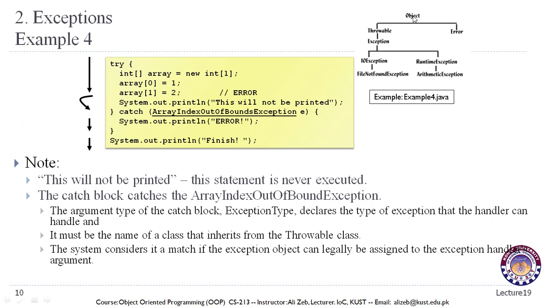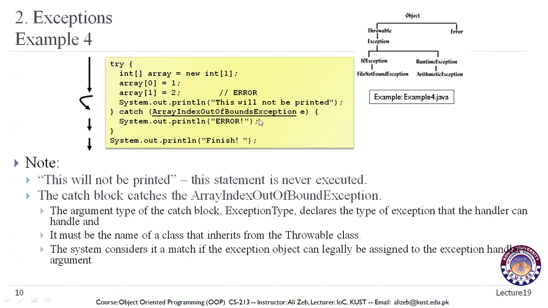This is the hierarchy that we can see. The object class is the superclass of all the classes in Java. Then we have the throwable class. The throwable class has a subclass, exception. The exception class has other subclasses, for example IO exception, and the runtime exception, which has the subclasses arithmetic exception and array index out of bounds exception.